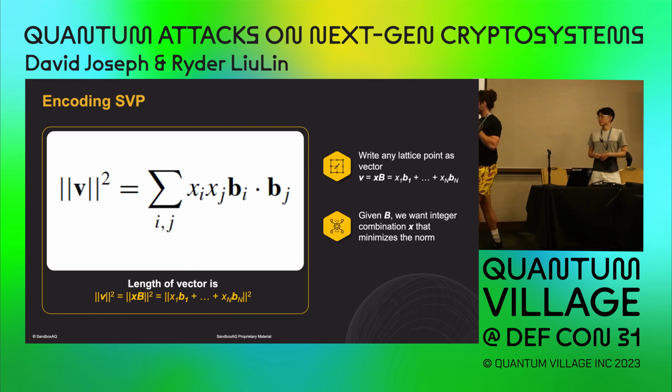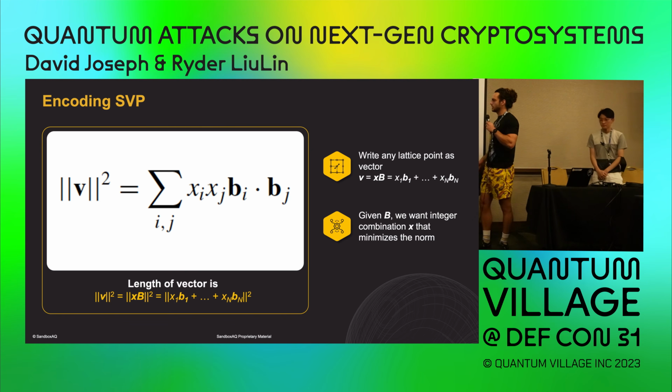So these x_i's are the combinations. So I'll have 5 of that first basis vector, please, and -3 of the second one, and you pick your combination, and at the end you end up with a vector length, which is the length of v. Now we can actually write the square of that vector length like this.